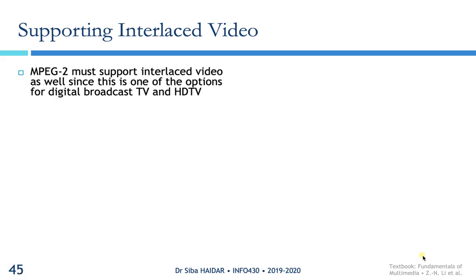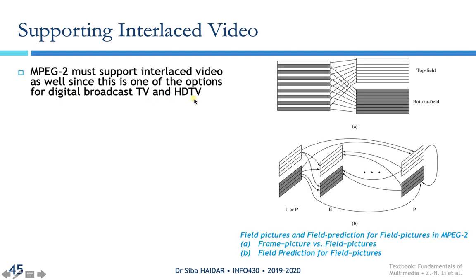What else does MPEG-2 do? MPEG-2 must support interlaced video. Until now, no support for interlaced video was accomplished. So MPEG-2 supports interlaced video as well, since this is one of the options for digital broadcast TV and also for high definition TV.